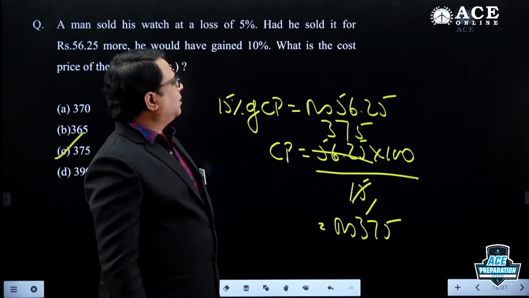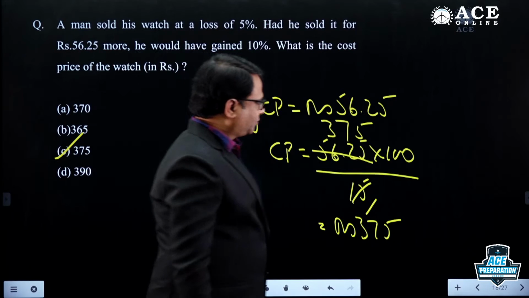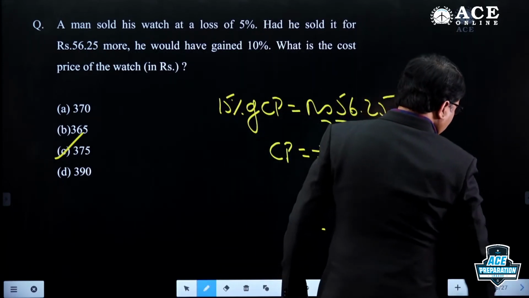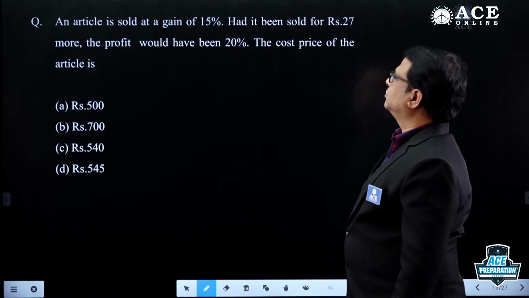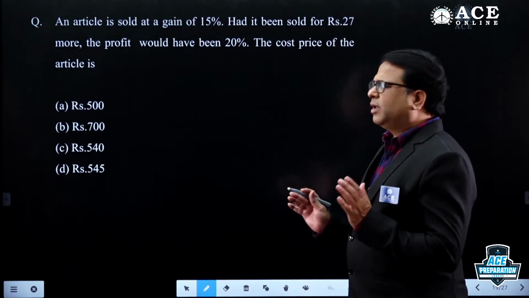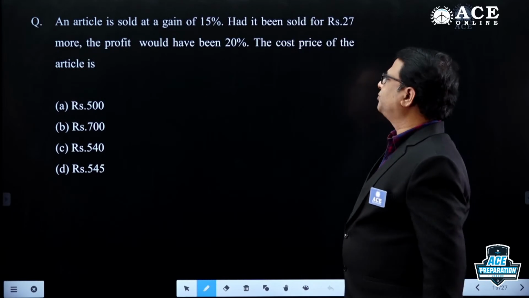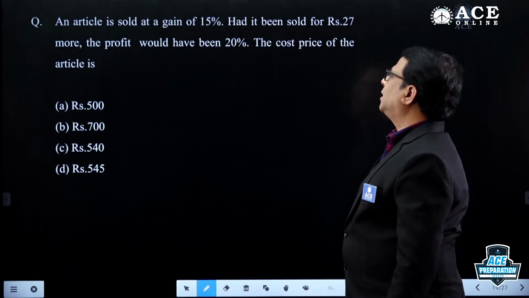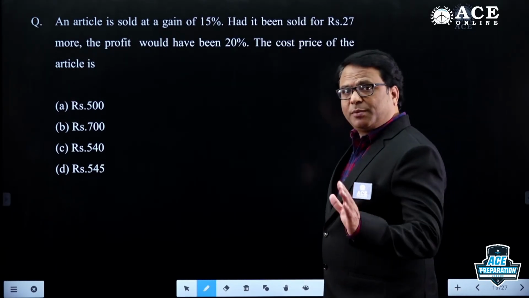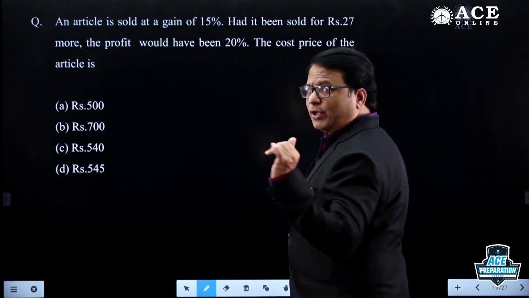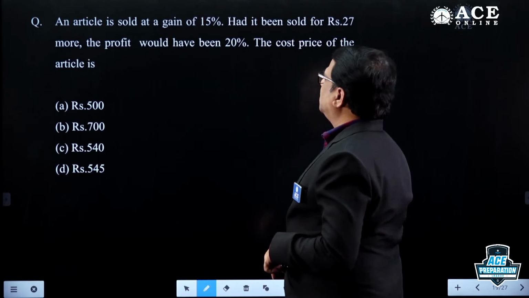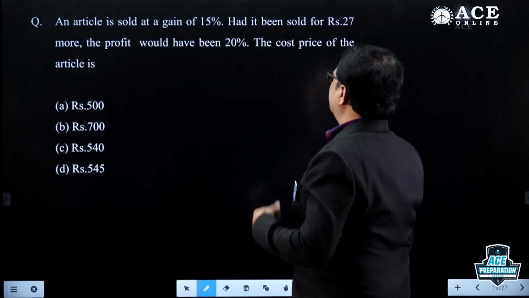Okay? Now, let us go through the next question. This is also more or less a similar question. An article is sold at a gain of 15%. Had it been sold for 27 rupees more, the profit would have been 20%.